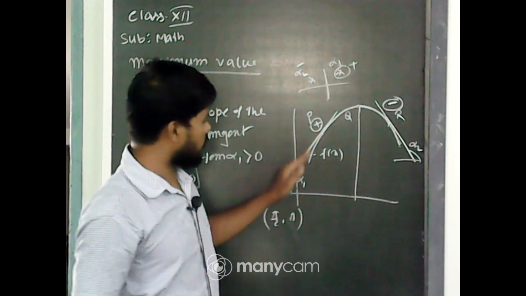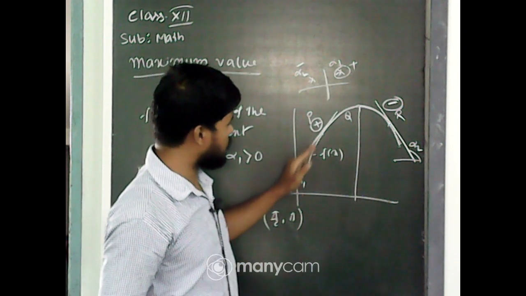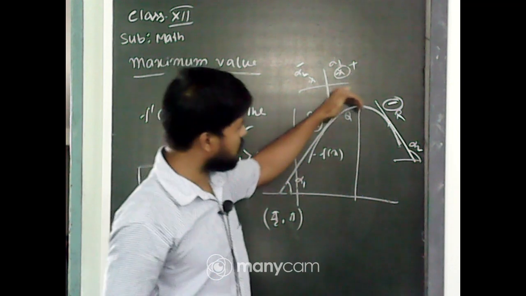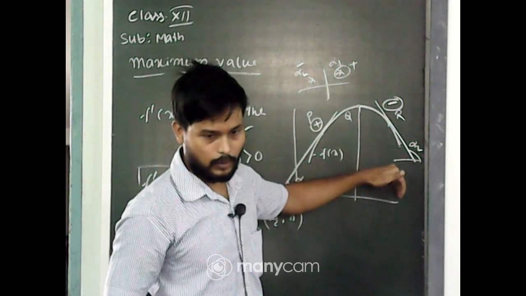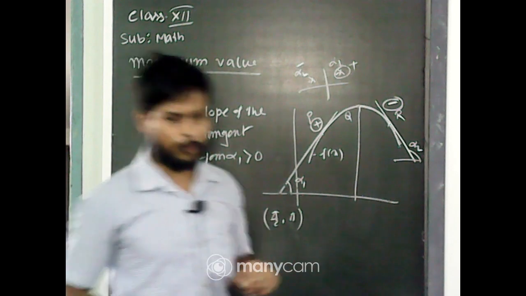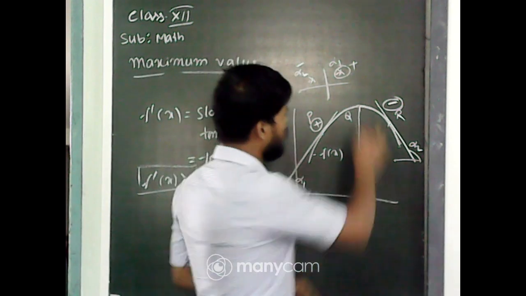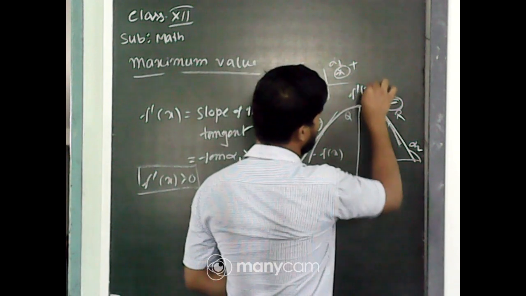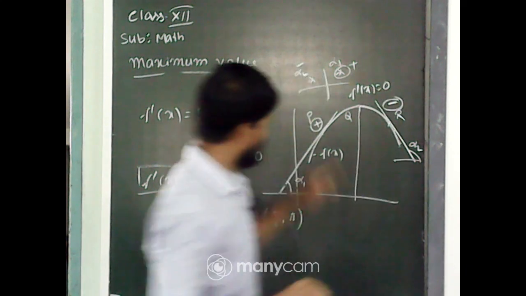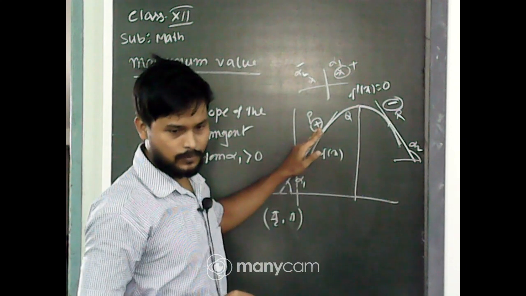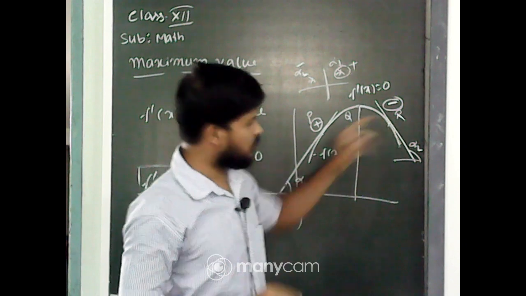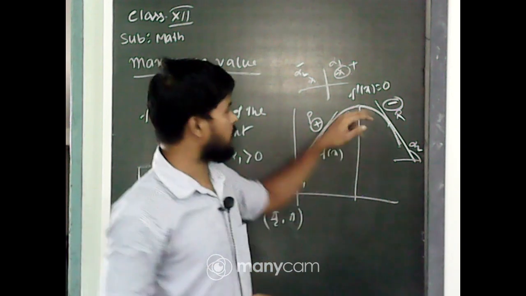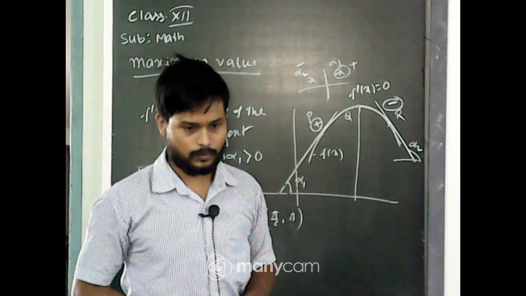Look, the graph is initially gradually increasing and then gradually falls down. So there must be a point where the value of f dash x will be 0. Here the value of f dash x is positive, here it is negative, so there must be a point where f dash x will be 0, isn't it?